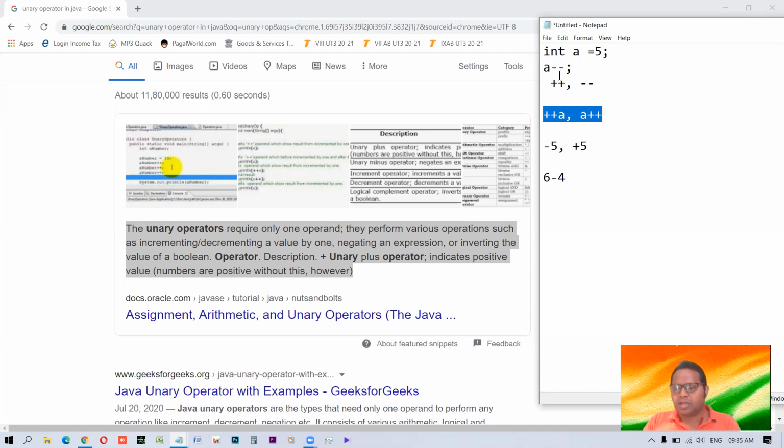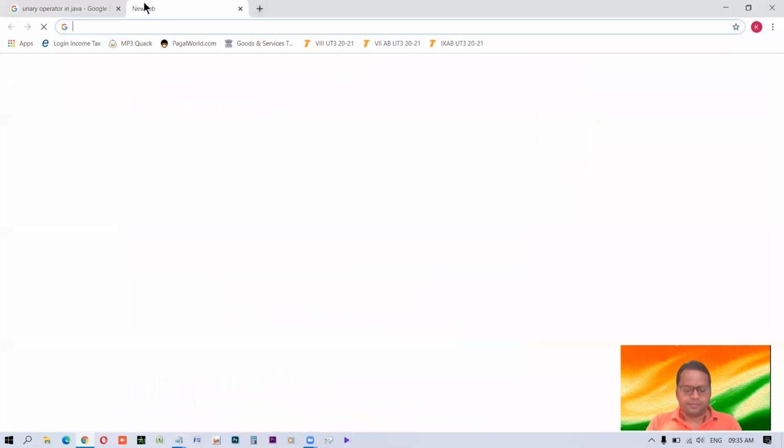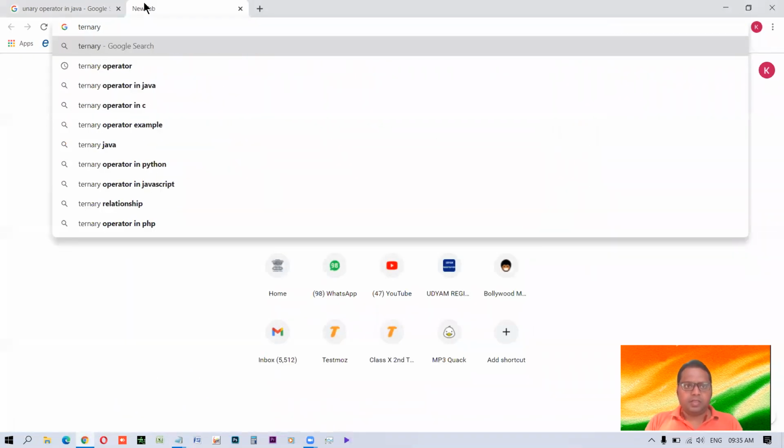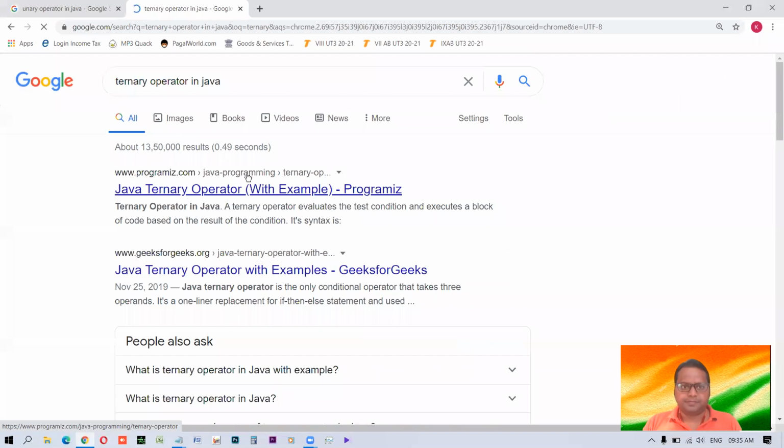Unary operator, binary operator. We have ternary operator as well. Ternary operator is something which needs three operands. So this is ternary operator. Let me explain this also. Ternary operator in Java.